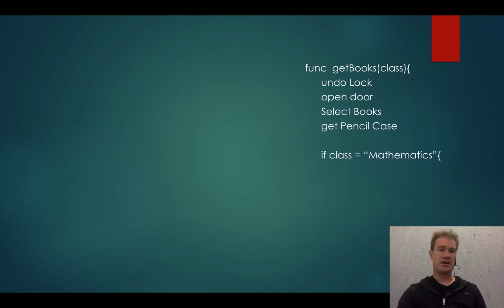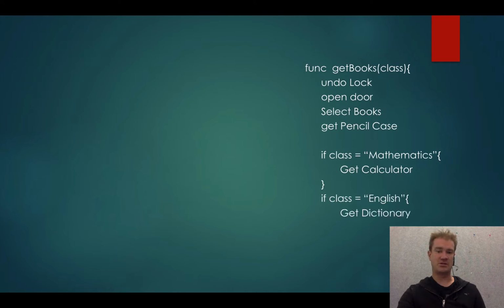case, and this time we have an if statement. If class is mathematics, then we get our calculator. We close that if statement off. If class is English, then we get our dictionary. We close that off. So this time we've got a method which has a few variations in it depending on the variable we send to that method.